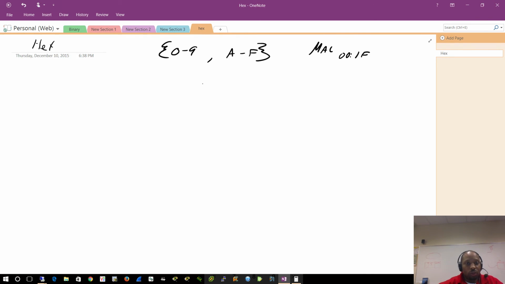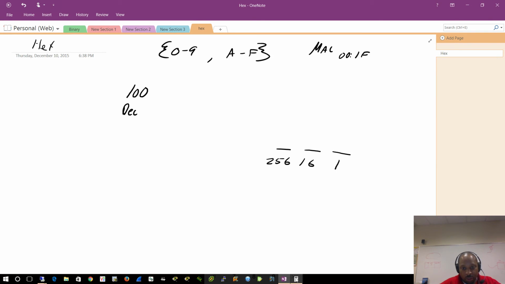Alright, let's do some conversions. I want to write the number 100, which is in decimal, in hex. The way you would do this is, in hex you have the ones column, then the 16s column, then the 256 column.